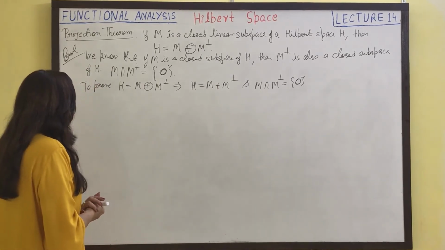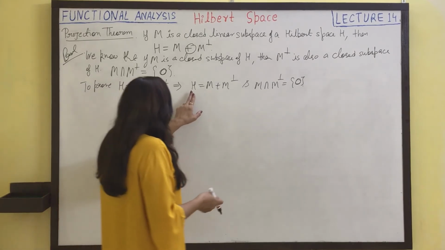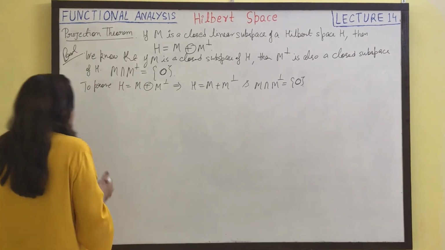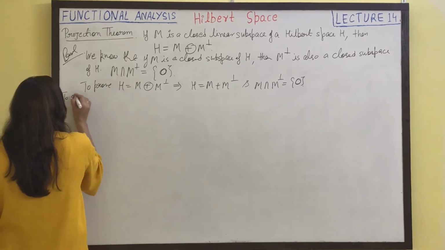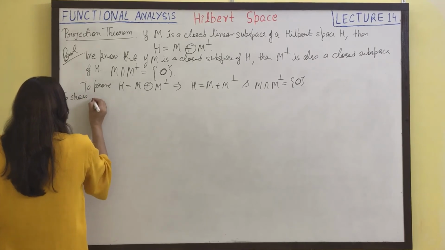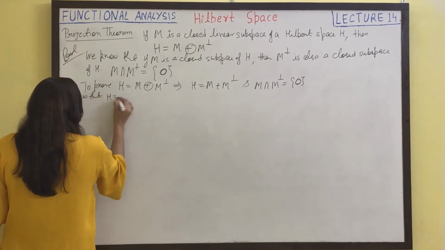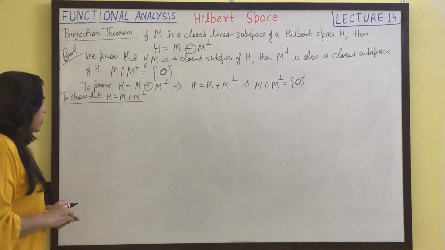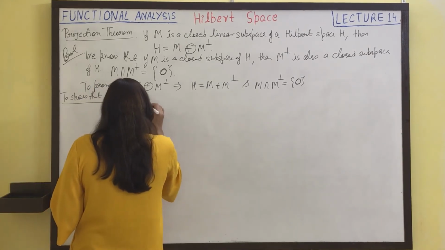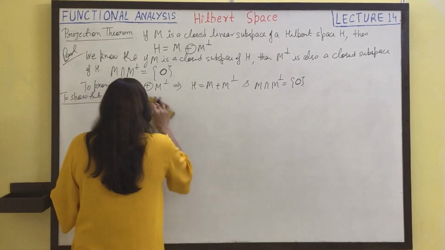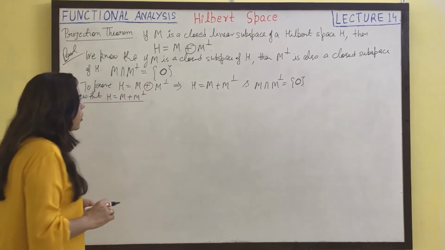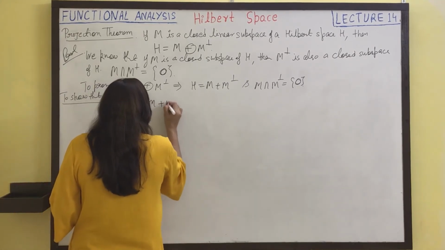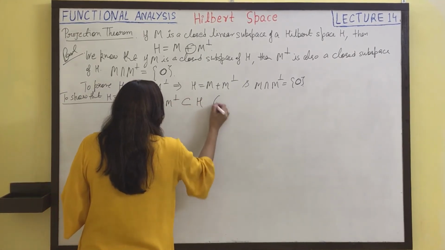So now it remains to show that H is equal to M plus M perp. We know that M and M perp are closed subspaces of H. Therefore, M plus M perp is contained in H.